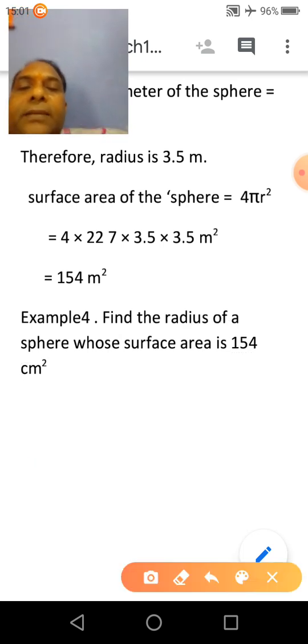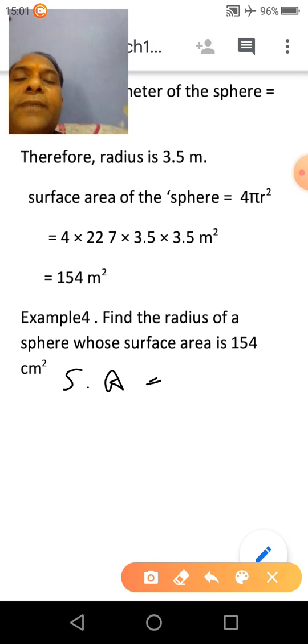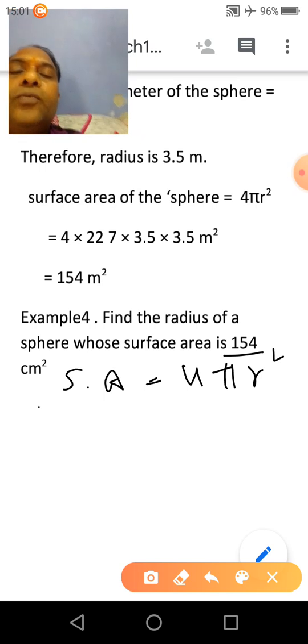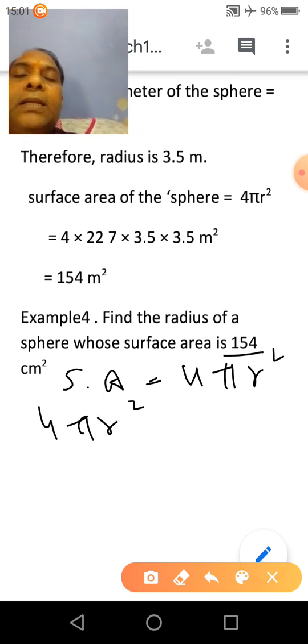See it again, surface area of sphere is given. So we know that surface area of sphere is 4 pi r square, and already surface area is given 154. So 4 pi r square is equal to 154. Clear?